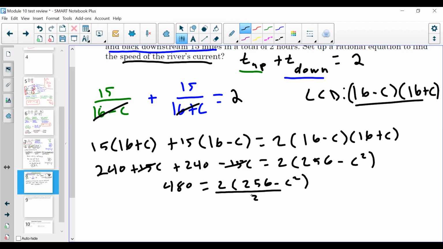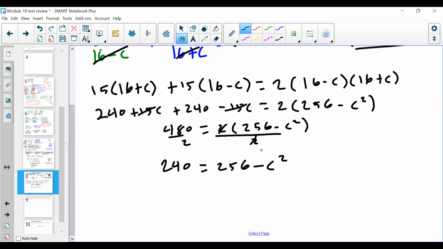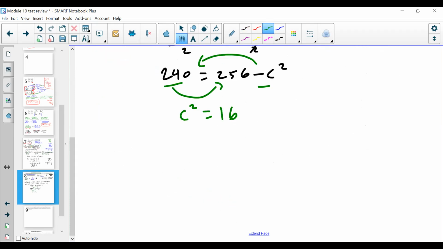And I can divide both sides by 2, and I get 240 equals 256 minus c squared. I'm going to move the c squared over to the left side and subtract 240 to the right to get that c squared equals 16, or c equals plus or minus 4.